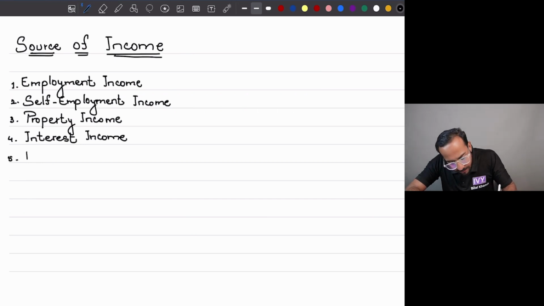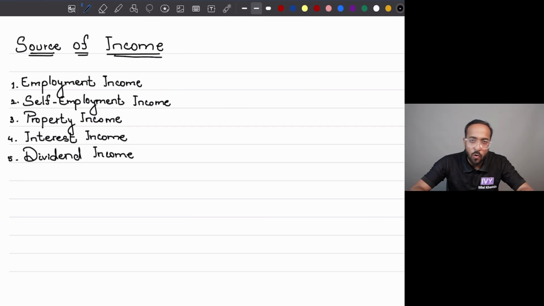The last thing is called dividend income. What do you mean by dividend income? Let's suppose you buy shares from an Apple company or any other company and you get a dividend, you get a profit on shares, that is called dividend income.